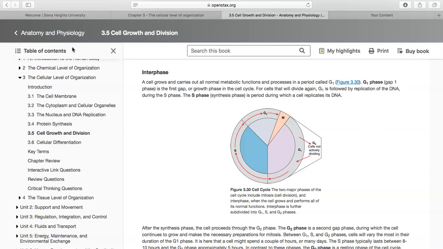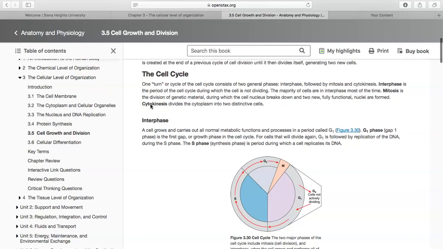So, first of all cells have a life cycle, and there's two phases of that life cycle. There's interphase and there's mitosis. Okay, so it says right here interphase and mitosis. Most of the cell's life is spent in interphase. You can think of it as the in between time when the cell is just doing its normal processes and not dividing.